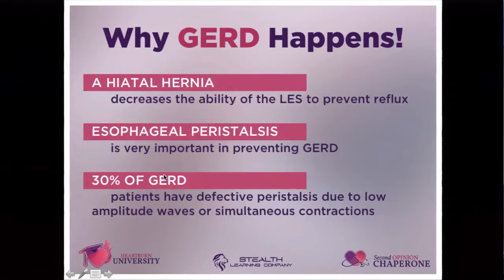So, the other thing I want you to remember, and this is for review, a hiatal hernia. It can make the lower esophageal sphincter weak and not be able to do its job. Poor strength of the pumping power of the esophagus, or peristalsis, can be not up to snuff and cause you not to clear the natural tendency for you to reflux.